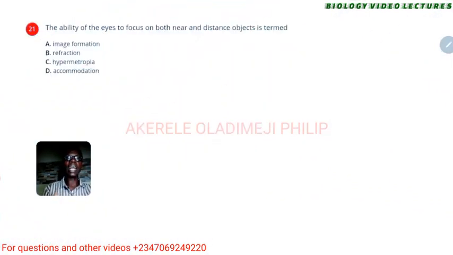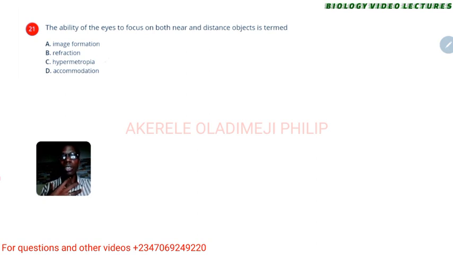Now, the ability of the eyes to focus on both distant and near objects is called accommodation. Yes. When people use glasses, it means that something is wrong with the ability to. Naturally, our eyeballs should be able to focus on a distant object or close object.